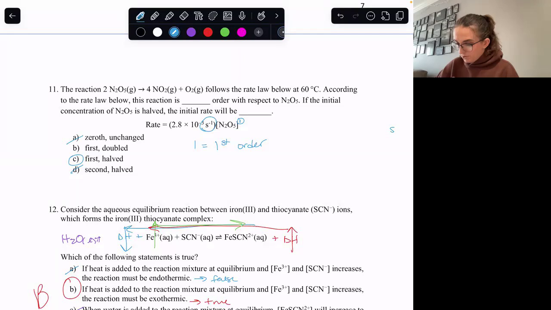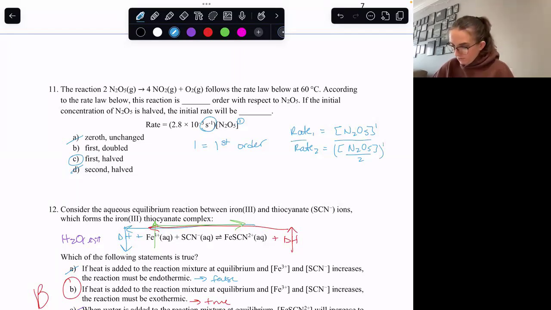written out, you can say that rate 1 is equal to the concentration of N2O5 to the first, and rate 2 is equal to N2O5 divided by 2 over 1. If you divide these, those cancel out, and this is rate 1 over rate 2 is equal to 2.